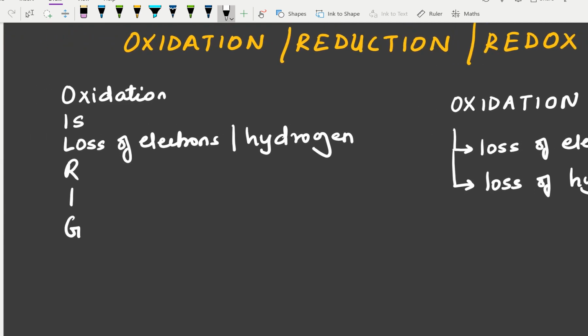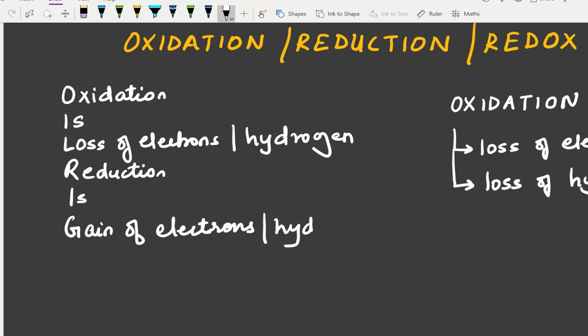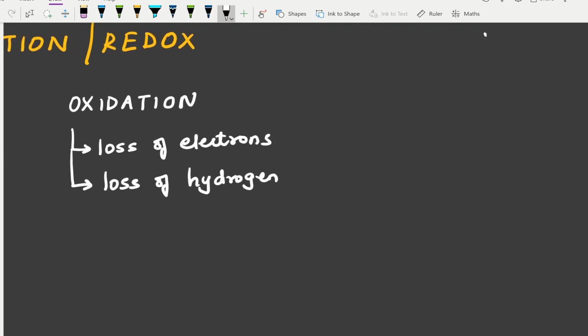And reduction. What is reduction? So R stands for reduction, and reduction is just the opposite. It is the gain of electrons or hydrogen. So let me just jot the same thing here.